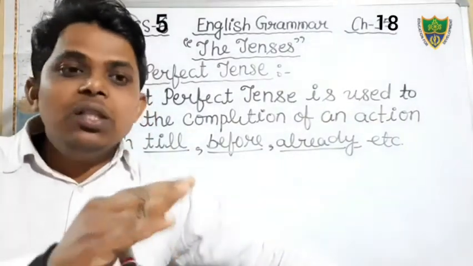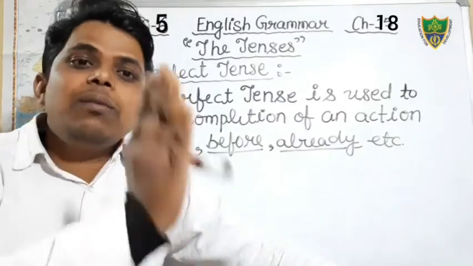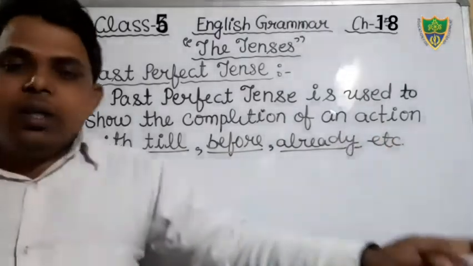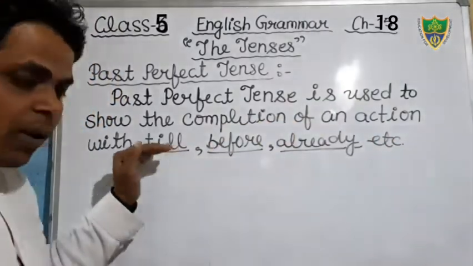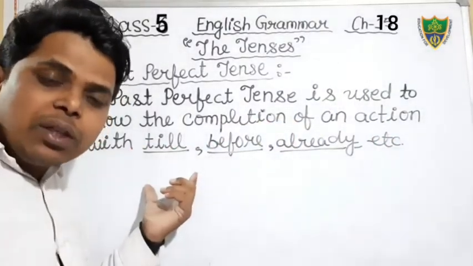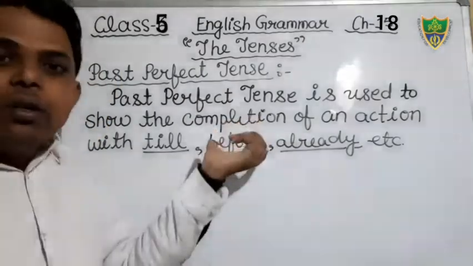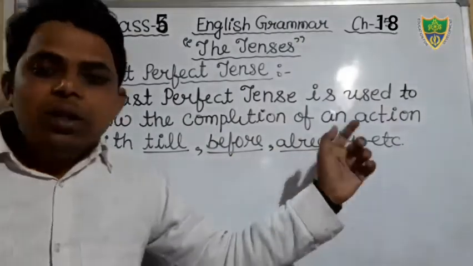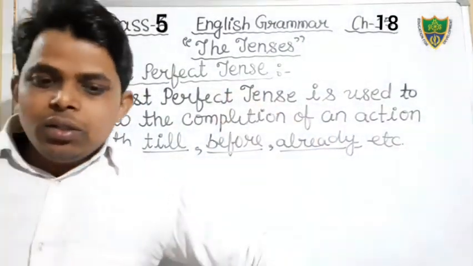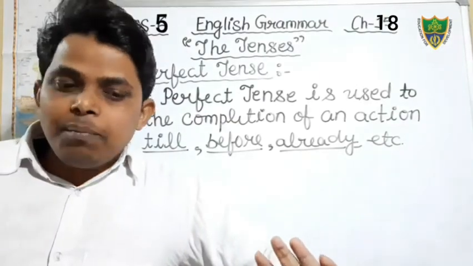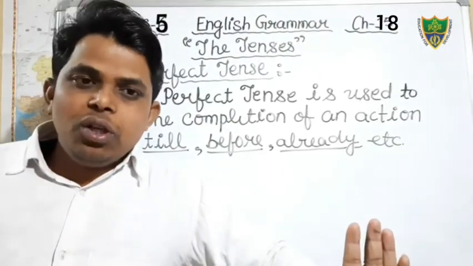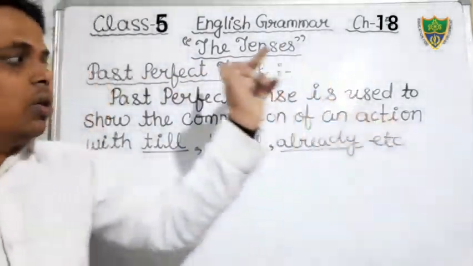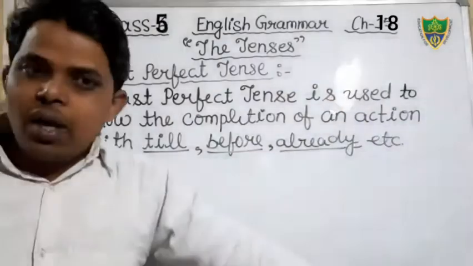It means the action is not in progress. It has been completed. When used with till, before or already, it means the action has been completed till that time you are speaking of, or before that time, or it is already completed. It denotes the completion of an action.